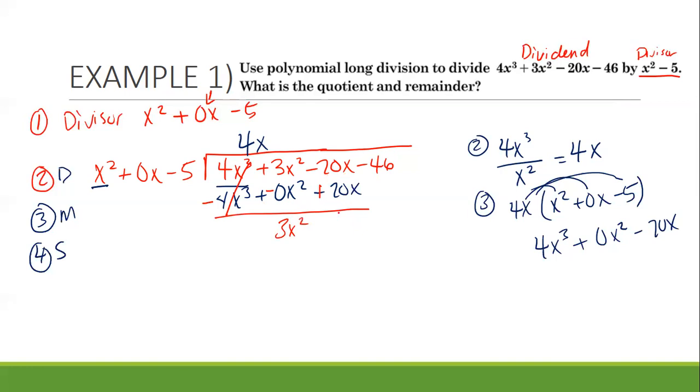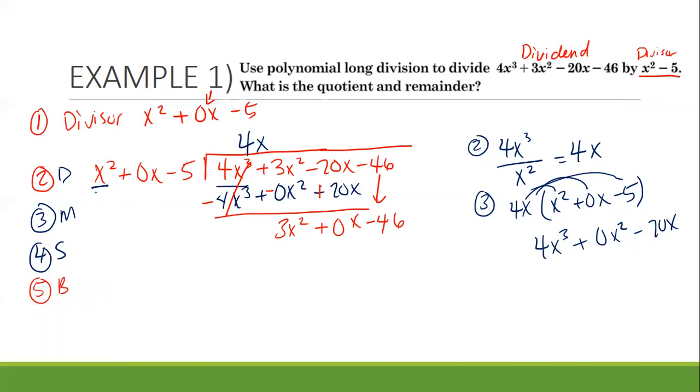Negative 20x plus 20x is 0x. And then step 5 is to bring down. So we're going to bring down, and we repeat if the degree of our remainder is not less than the degree of our divisor. So these are not less than, they're still equal to. So we repeat the steps all over again.